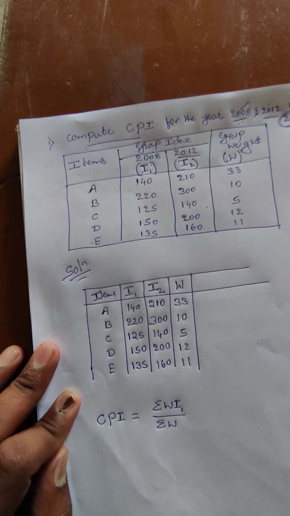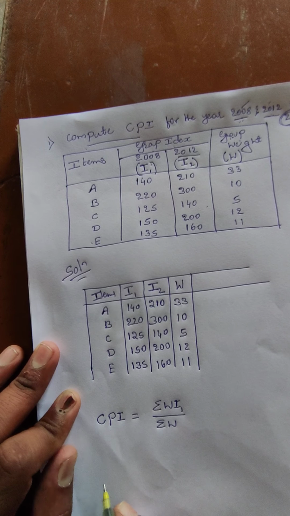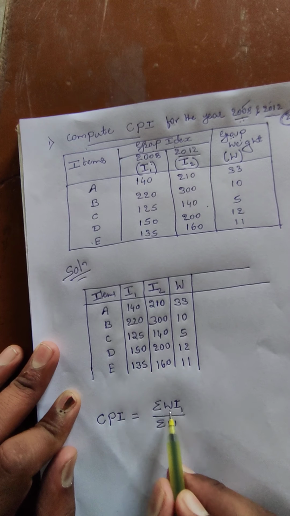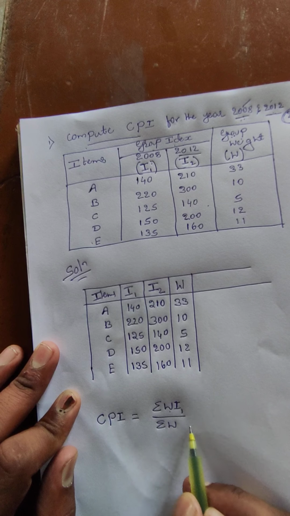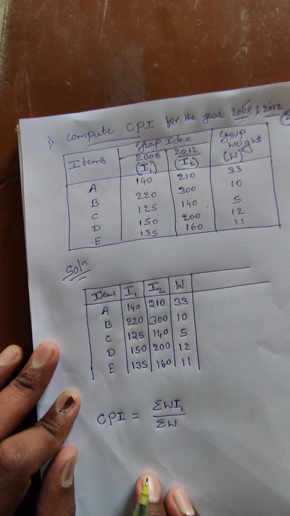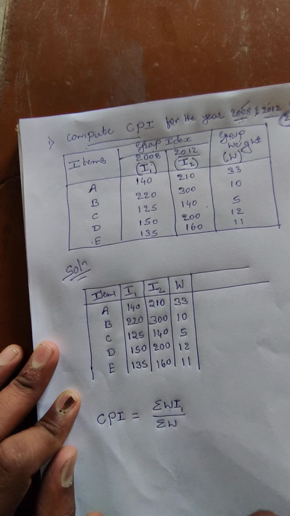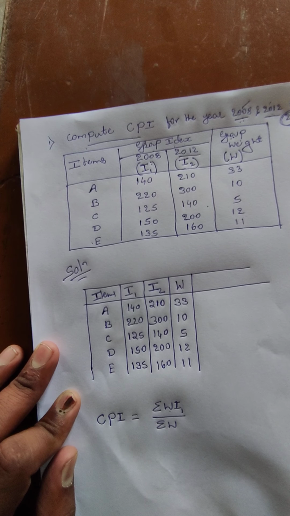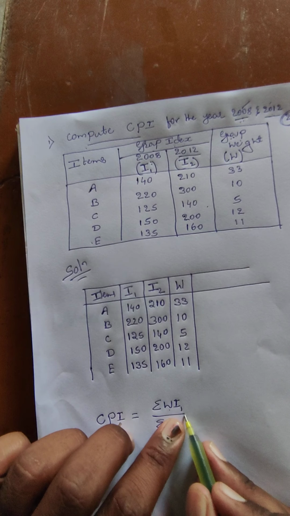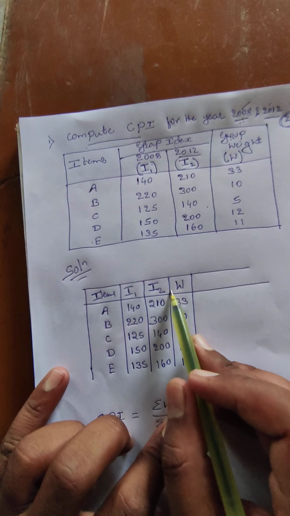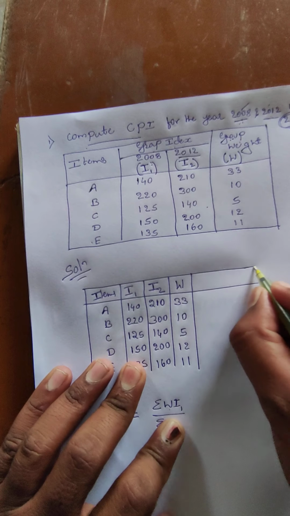Next we apply it for the second year: CPI is the summation of WI2 divided by the summation of W. Okay students, what information is required here? We require WI1 and WI2.